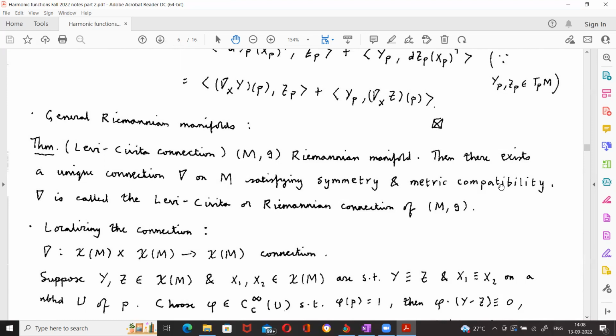These two properties. And this is called the Levi-Civita or Riemannian connection.